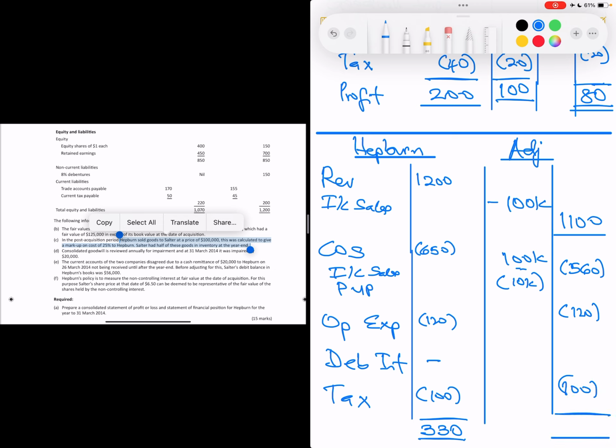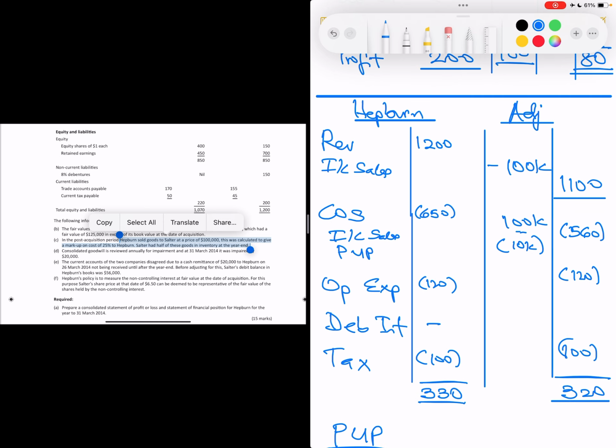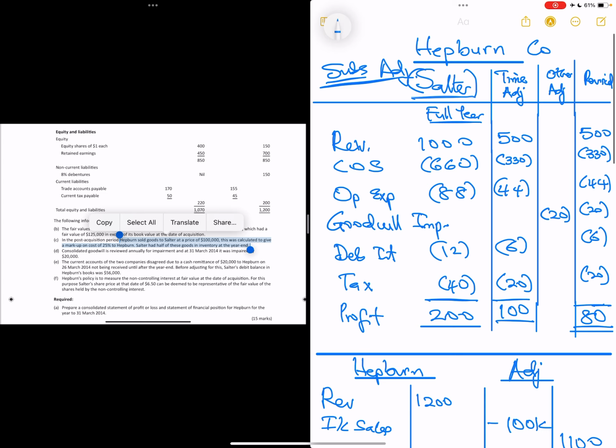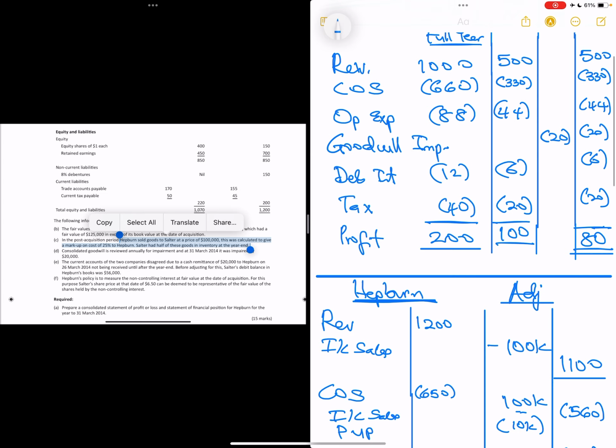In that case, we have a final adjusted parent profit of 1.1 minus 560 minus 120 minus 100, and that gives 320. Okay, so now we have our adjusted profit or loss account for both subsidiary and parent.